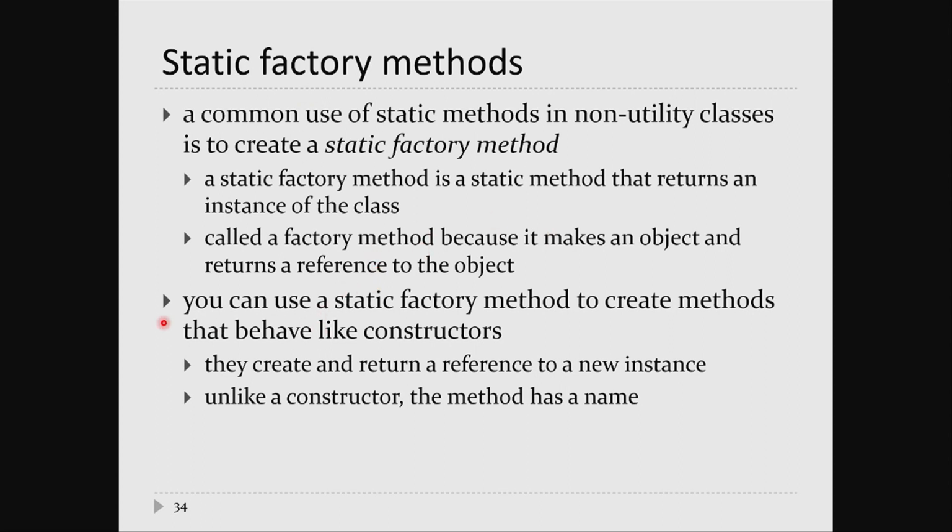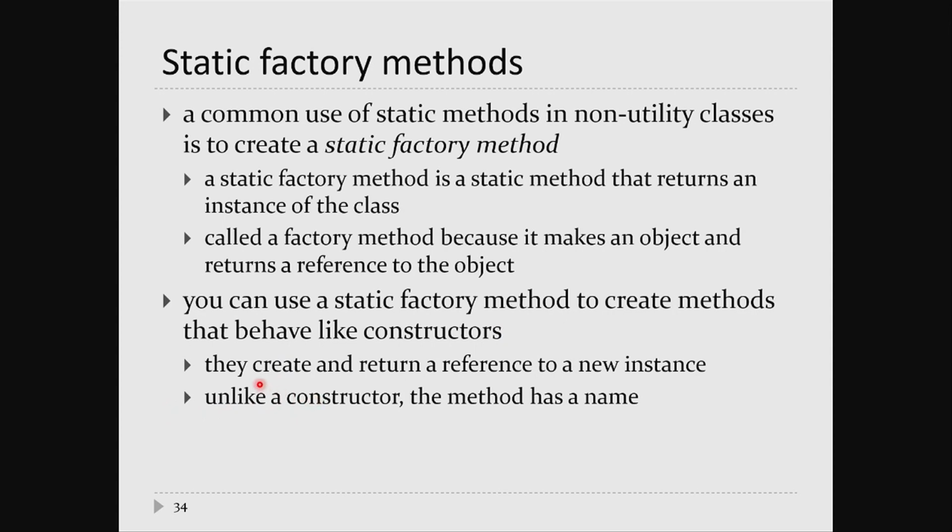Okay, so the reason you want to do this is because you can create a static method that behaves like a constructor. Remember, a constructor is supposed to initialize the state of a newly created object. A static factory method makes a newly created object and can initialize the state by calling the constructor in the appropriate way.